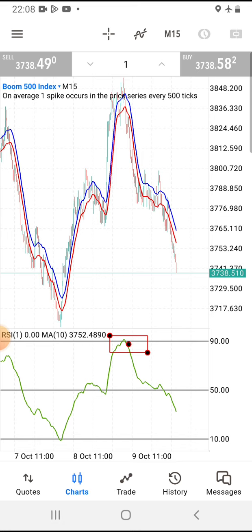Once you see that the green line is at a resistance point like that, you're going to go to your main chart, which is here where you have your candlesticks, and you're going to wait for the market to go below the red line.